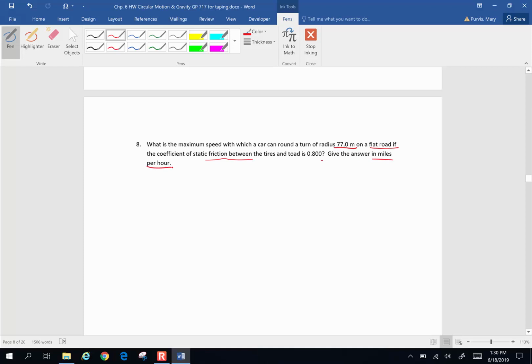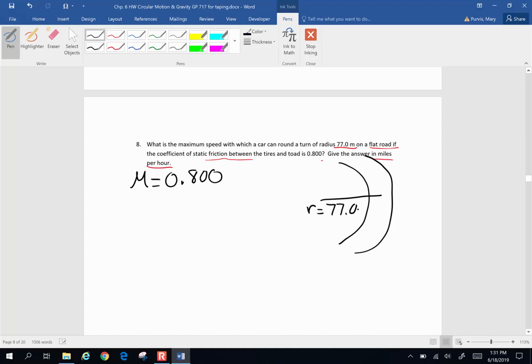Now, the basis of this problem is that whenever you and I take an exit ramp, there is always a posted speed. And that posted speed is based on a couple of things: the coefficient of friction, and the radius of the curvature. So here the radius for this particular exit ramp or curve is 77 meters.